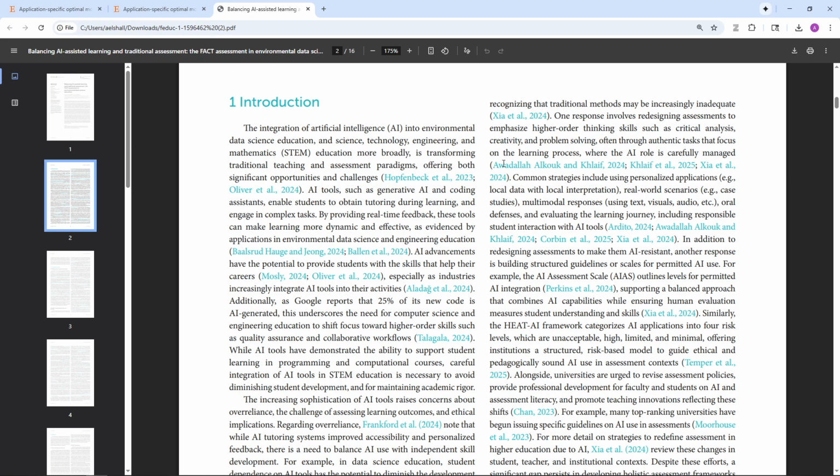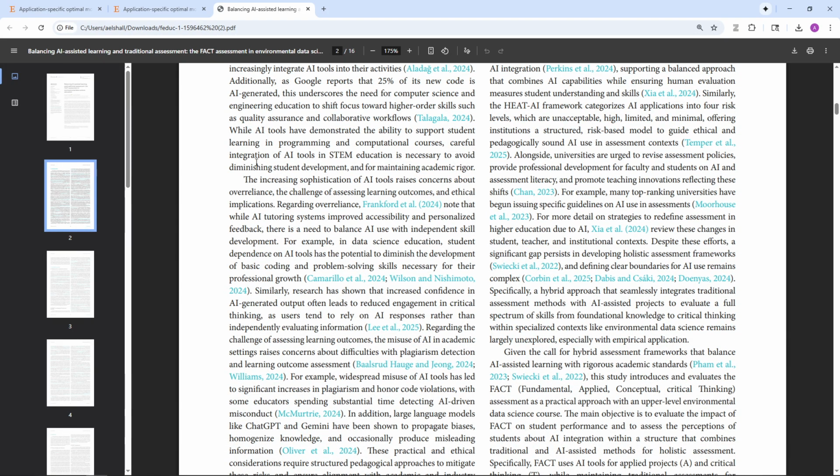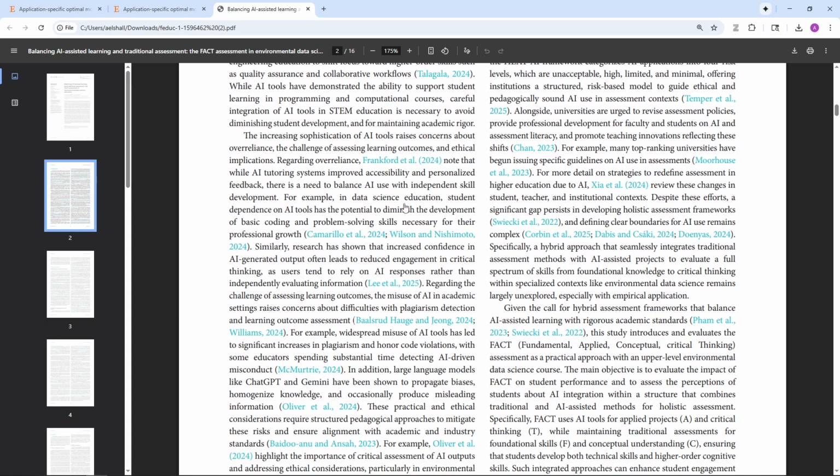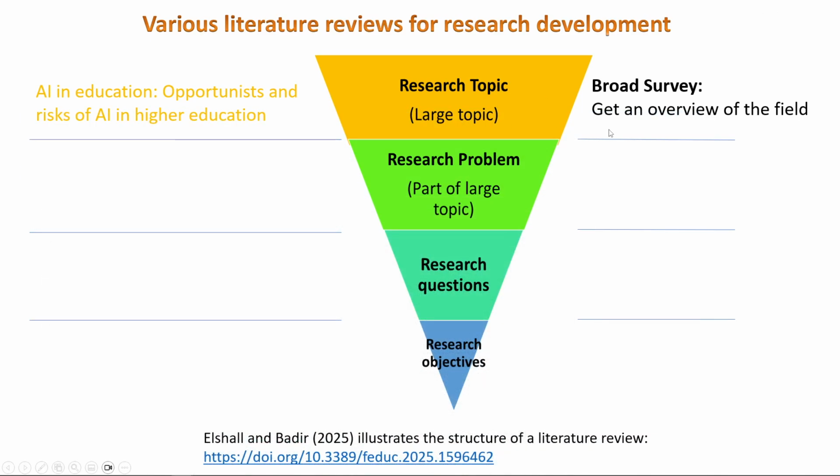So guess what our first paragraph would be? The opportunities, how AI is very useful for higher education. And the second paragraph would be about the risks, how AI could have negative impact on student learning. That would be the broad overview, the pros and cons of AI in higher education.